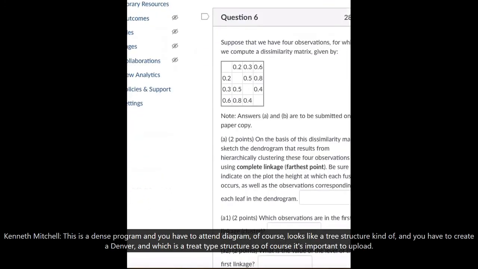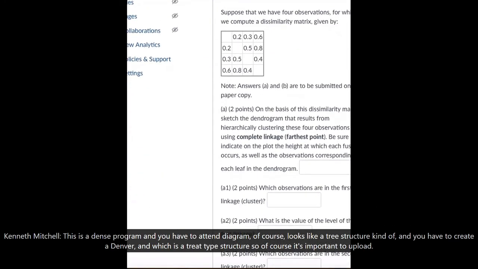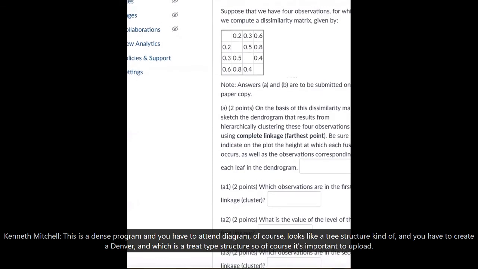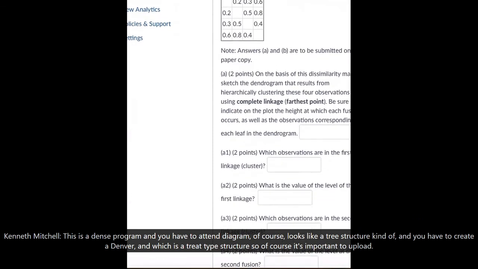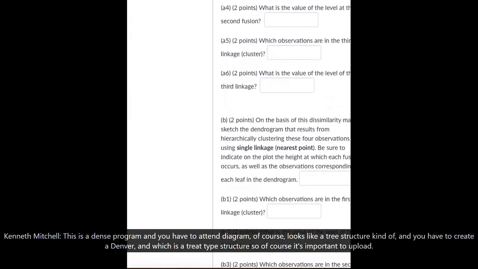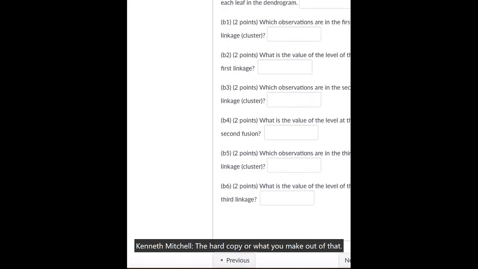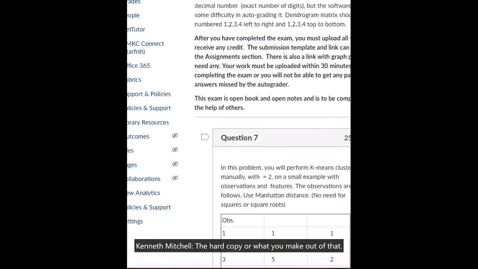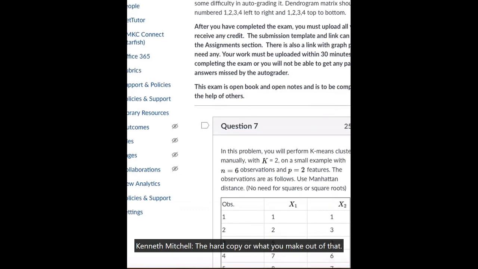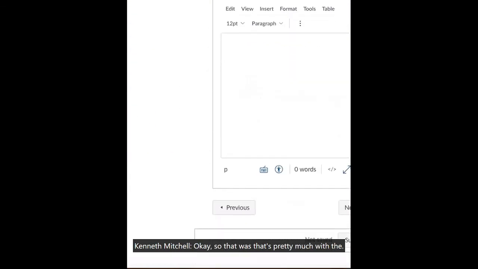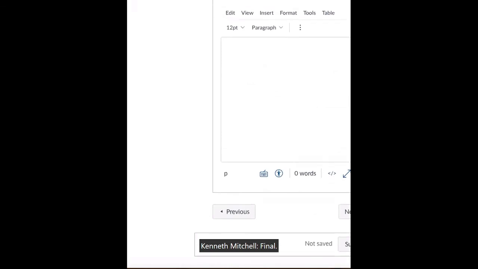This is a dendrogram. A dendrogram looks like a tree structure, kind of, and you have to create a dendrogram, which is a tree type structure. So, of course, it's important to upload the hard copy of what you make out of that. Okay, so that's pretty much what the final is.